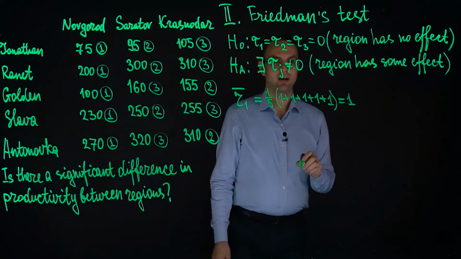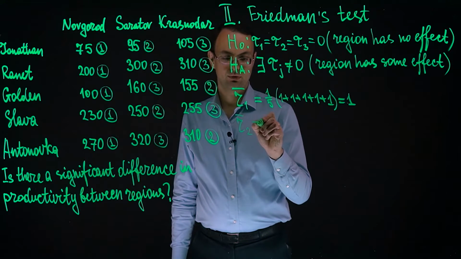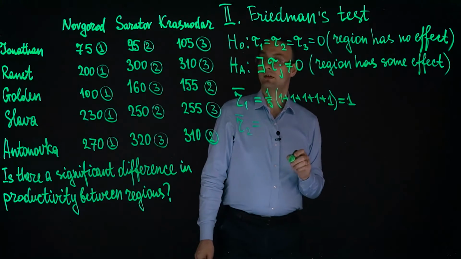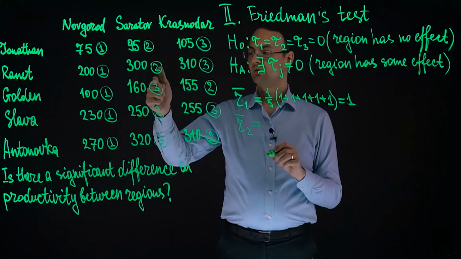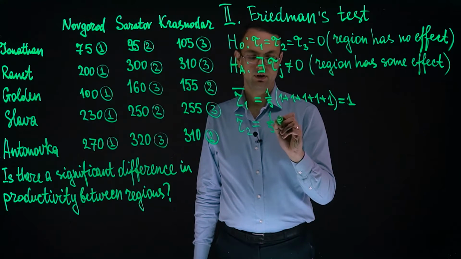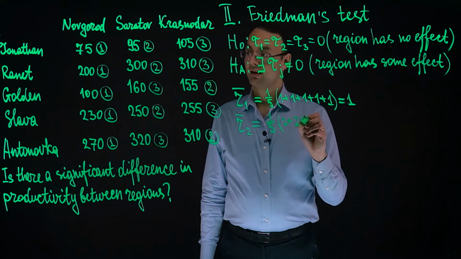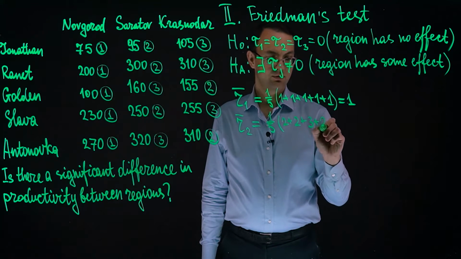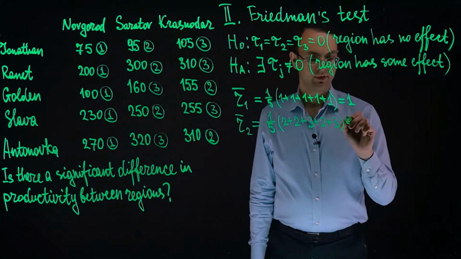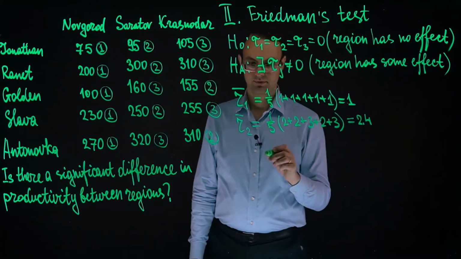Then R bar 2, so mean rank for the second column, it is 1 over 5 times 2 plus 2 plus 3 plus 2 plus 3, and it is 2.4.